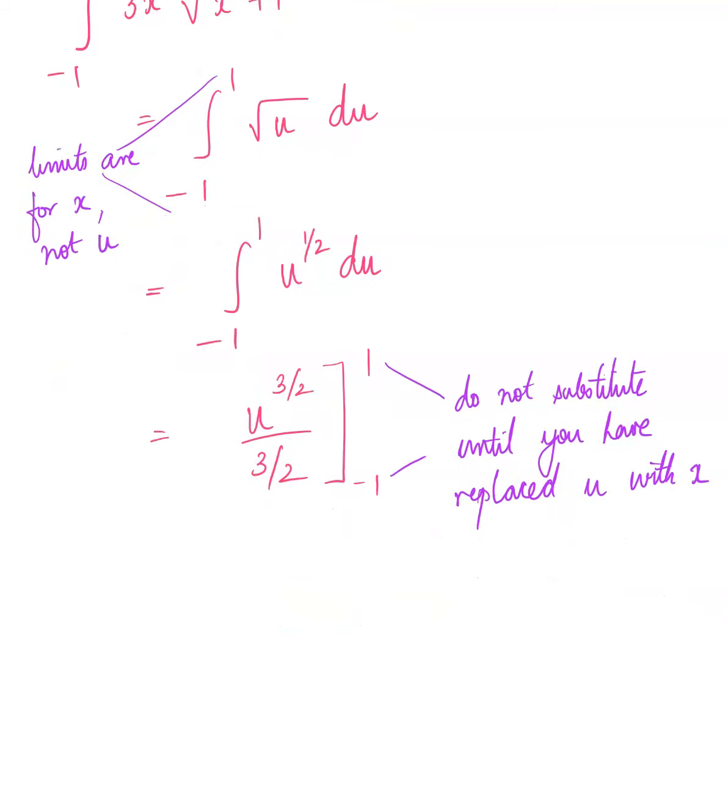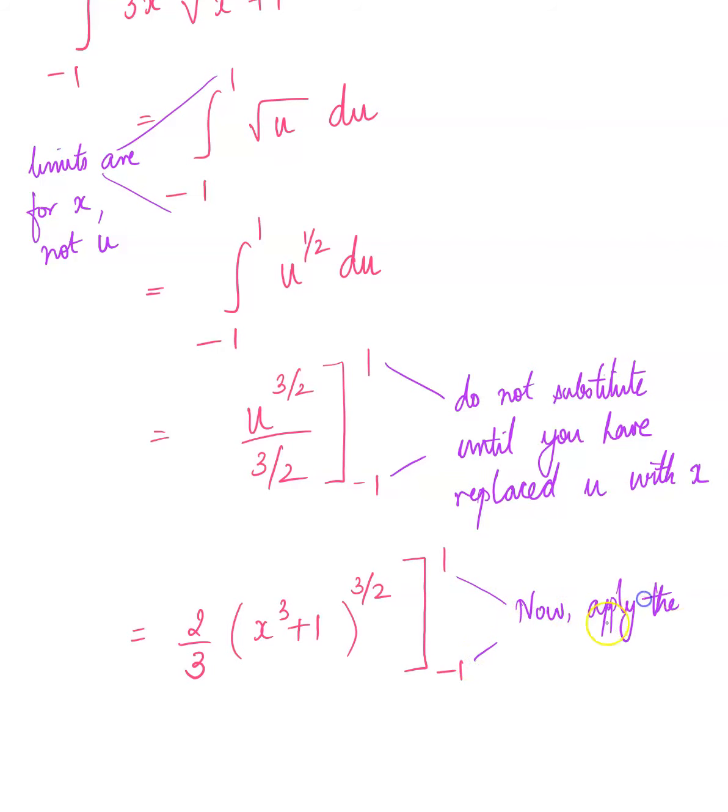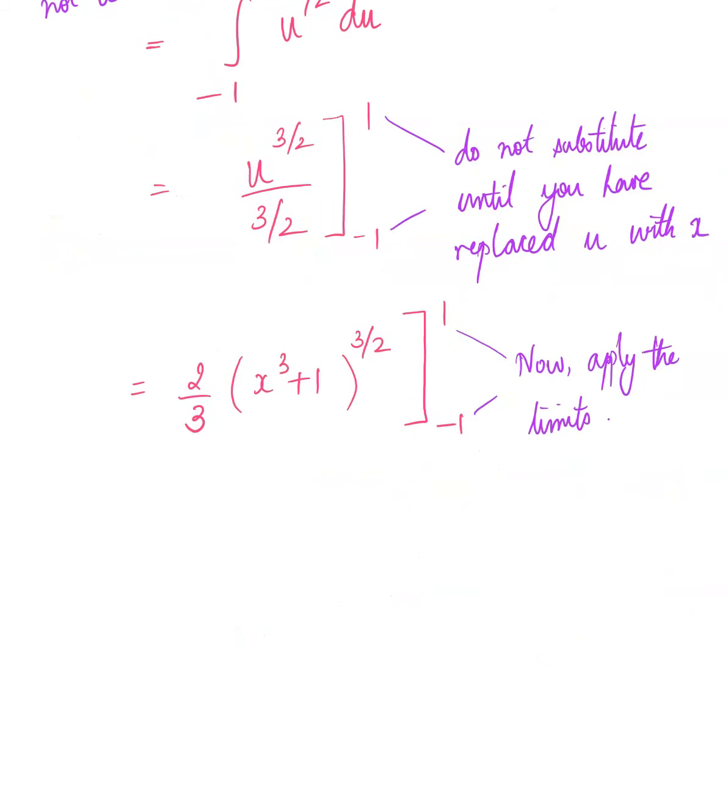So I write the 2 over 3, and I replace the u, which was x cubed plus 1, and then I will apply the limit from negative 1 to 1. So now apply the limits. Now we are good because it's all back in x.